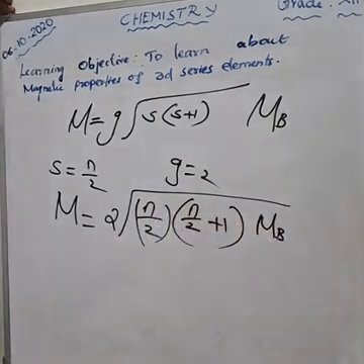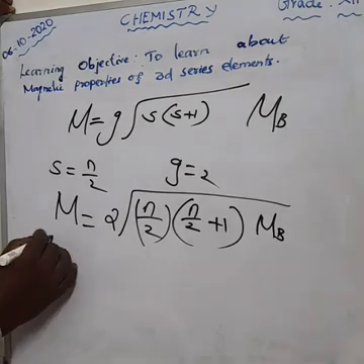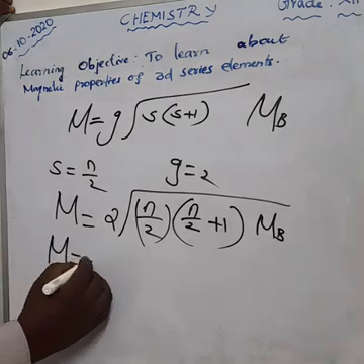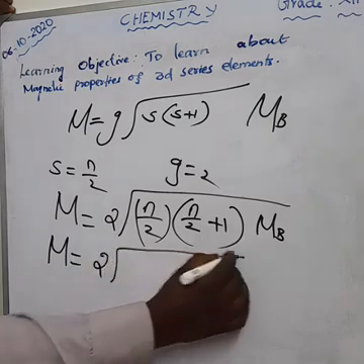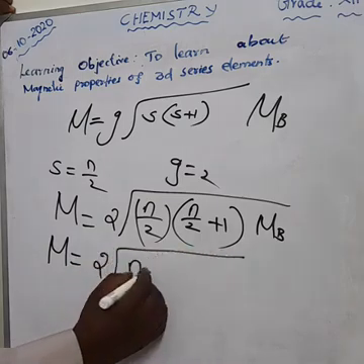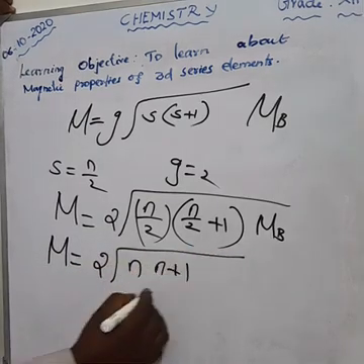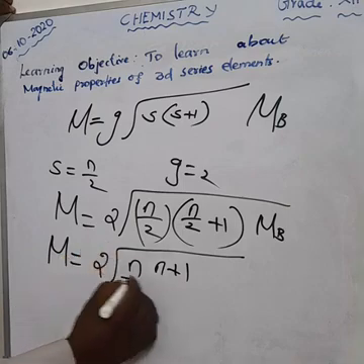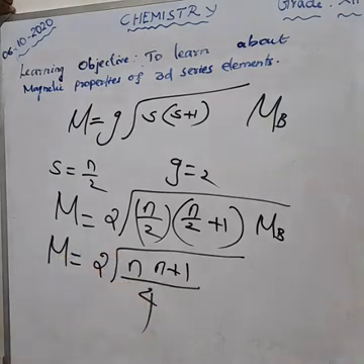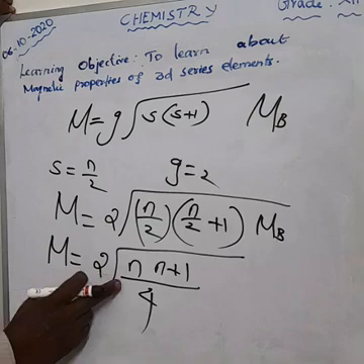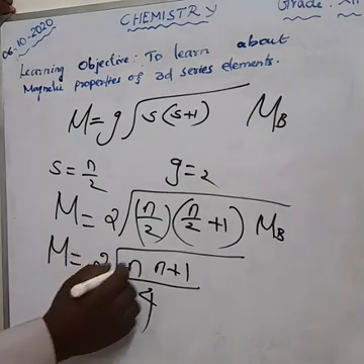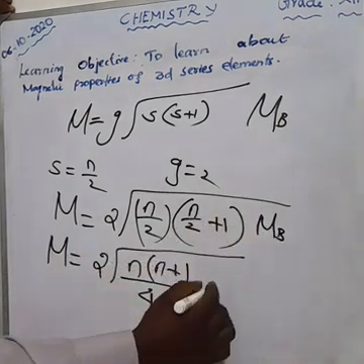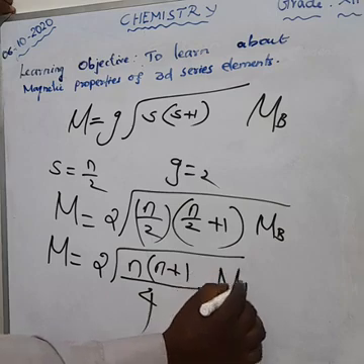Clear? We can also write another formula: mu is equal to 2 into root of n into n plus 1 divided by 4 Bohr magneton.